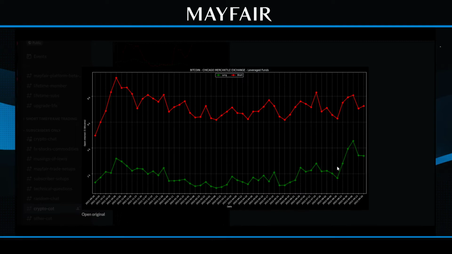Okay. So we can easily see an accumulation on the longs and a very, very slow tapering off on the shorts, right? Now, ideally, what I'd like to see is a crossover, right? But again, you don't need that. It's just the fact that these channels are narrowing, okay? And that's good enough in terms of understanding the overall sentiment, okay?